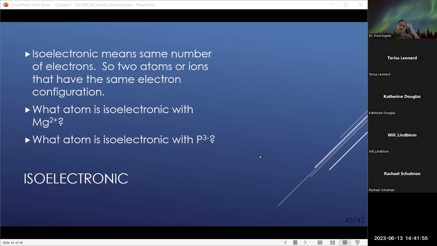Right, the term again here, isoelectronic, just means that it shares the same number of electrons. It is important to know that we're not saying that the magnesium ion is neon, okay? Because we know the only way magnesium can become neon is if it loses protons. And we're not losing protons here, we're losing electrons.